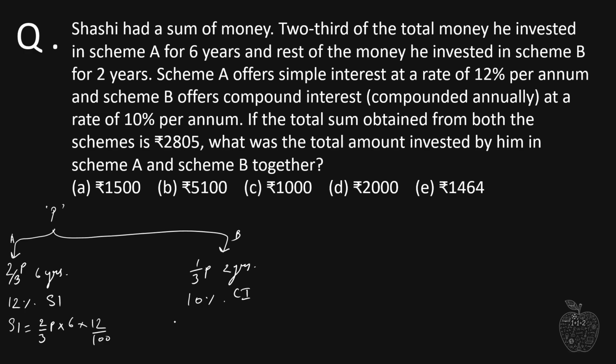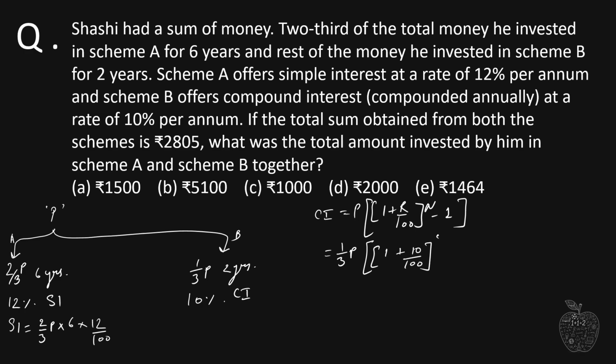And let's calculate the compound interest. The formula for compound interest is P times (1 plus r over 100) to the power n, minus 1. Here P is 1/3 P, r is 10, and n is 2 years.